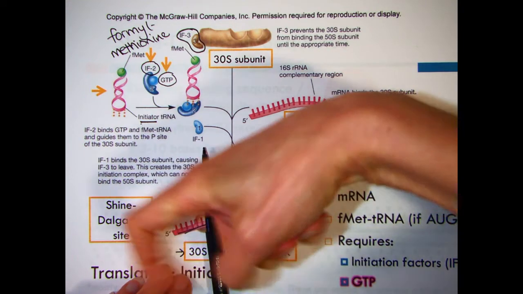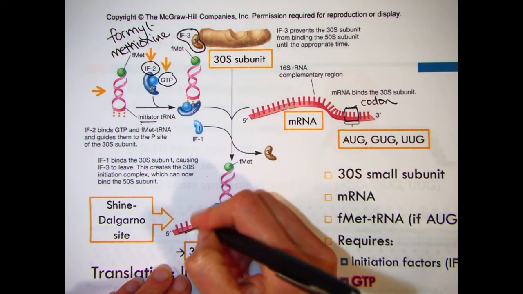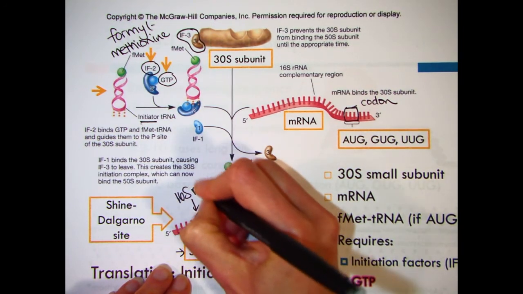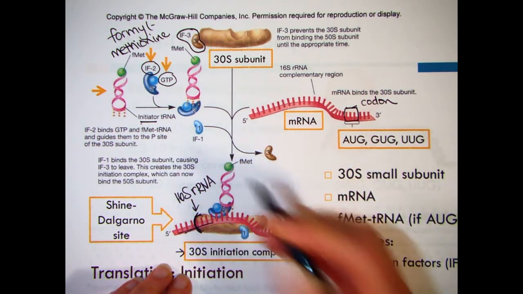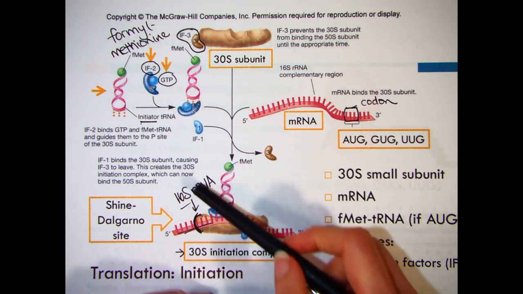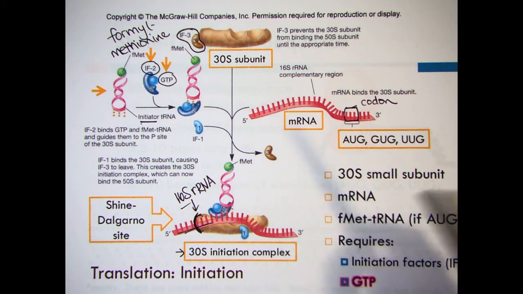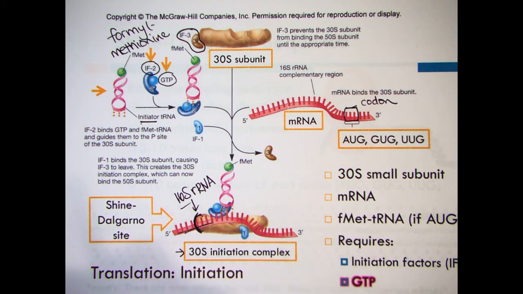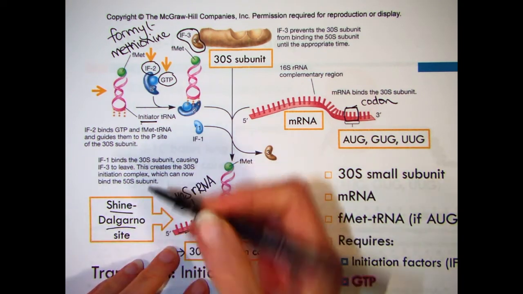And so this very front part of the messenger RNA, it's not really well shown in this picture, but actually hooks around the bottom of this, and this is the 16S ribosomal RNA. So you guys remember when we talked about using the 16S ribosomal RNA for identification of bacteria? So it's actually the 16S ribosomal RNA will interact with a section on the messenger RNA called the Shine-Dalgarno site.